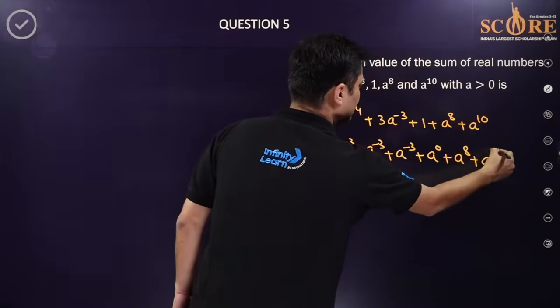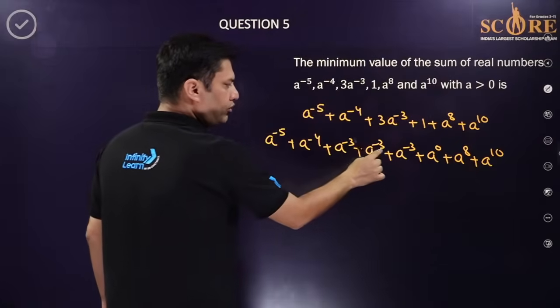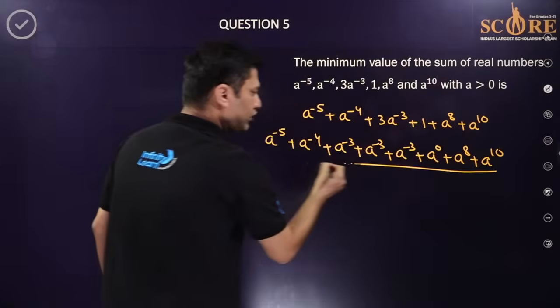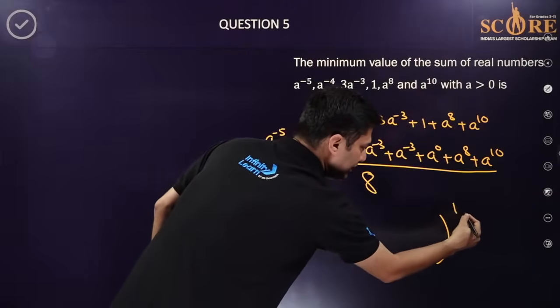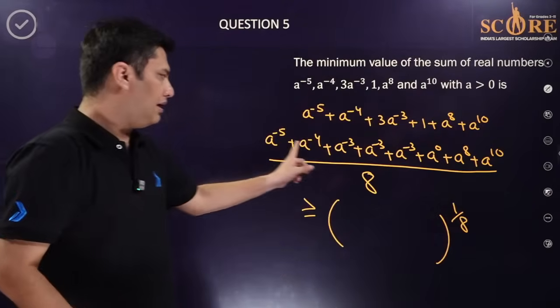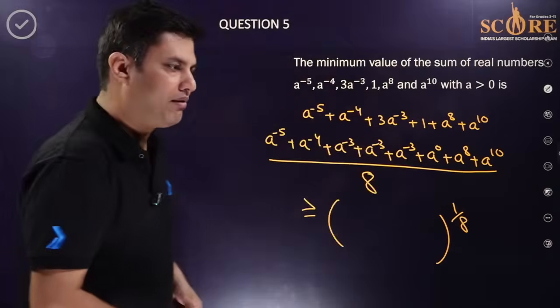So how many total numbers now? 1, 2, 3, 4, 5, 6, 7, 8. So the arithmetic mean is greater than or equal to the geometric mean. What is the geometric mean? Multiply all the numbers and take the power 1 by 8.